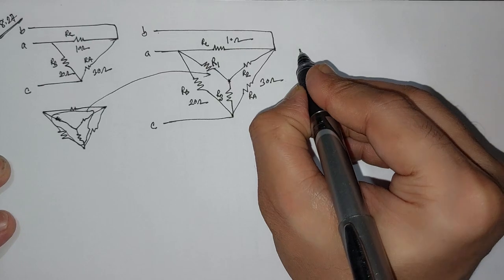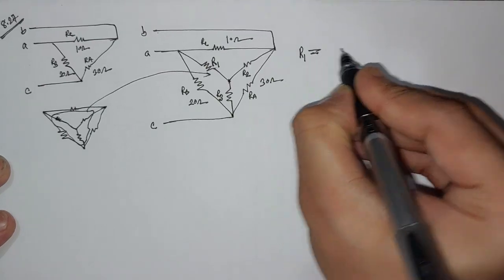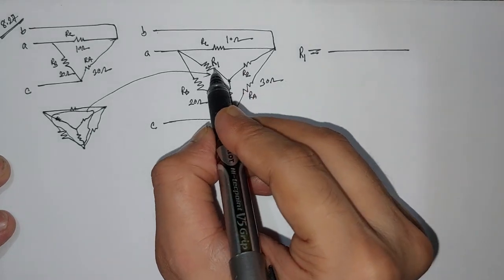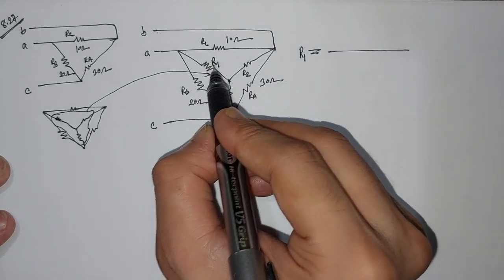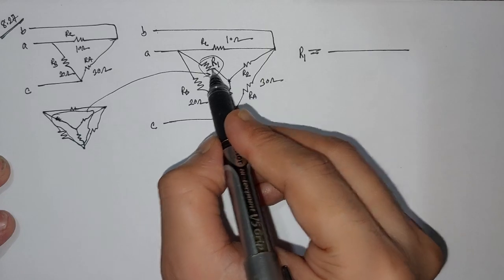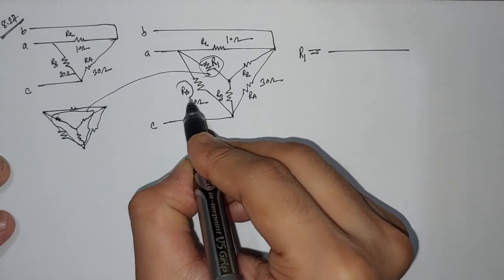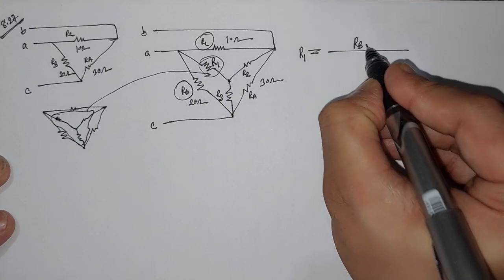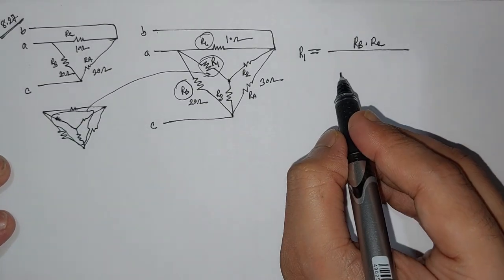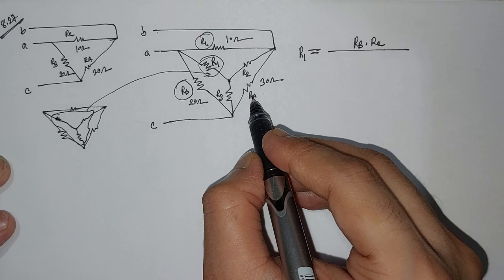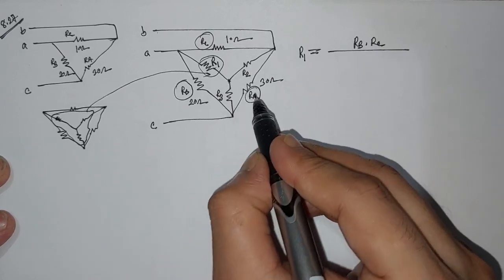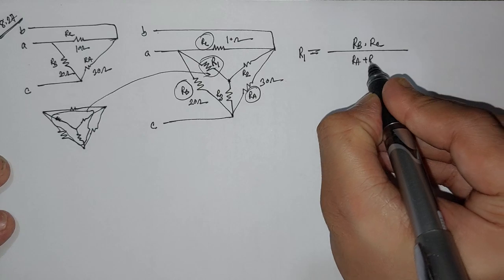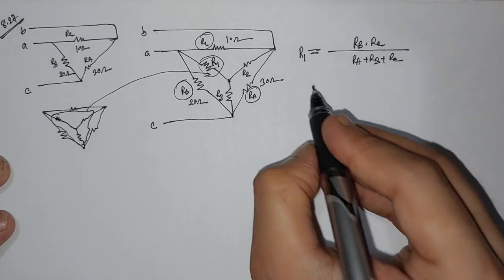Now the value of R1 will be, in the numerator, the two side resistances of R1, that is RB and RC, multiplied, divided by the summation of all three delta resistances, that means RA plus RB plus RC.